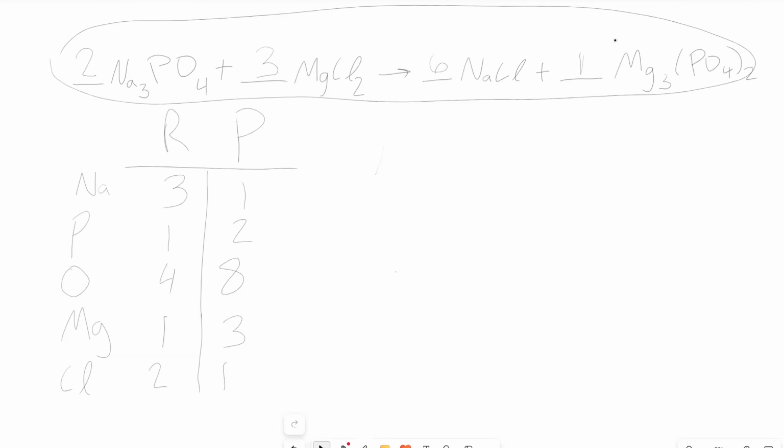Oh, forgot to mention too, this one is a double replacement reaction, because you're starting off with this and it stays, but you have to keep in mind and notice how this PO4 switches and bonds with the magnesium, and the Cl2 switches and bonds with sodium.